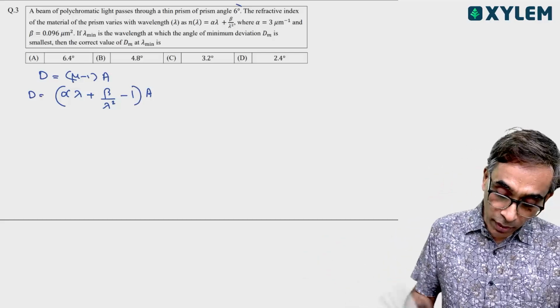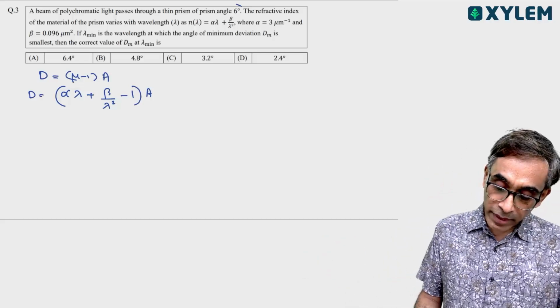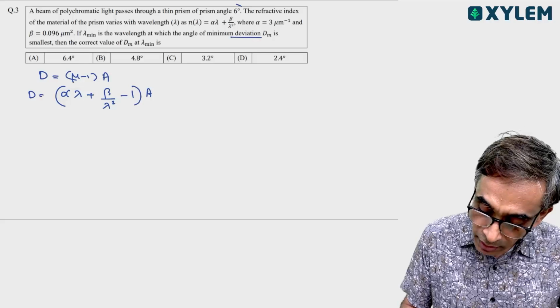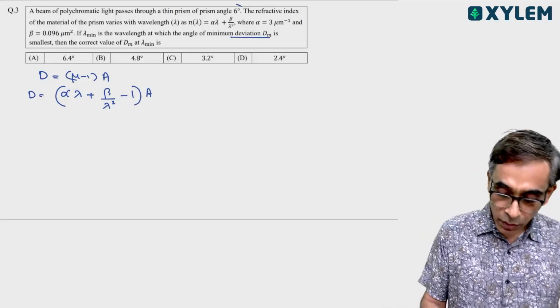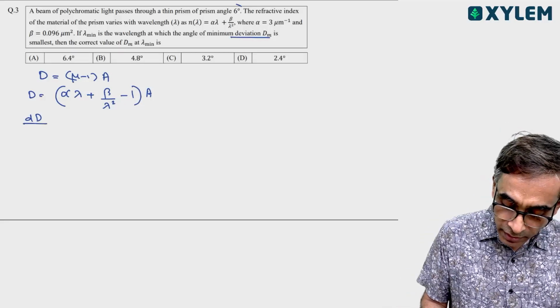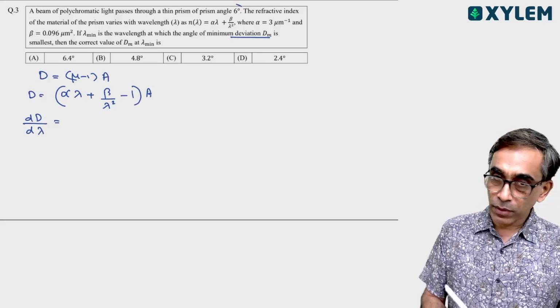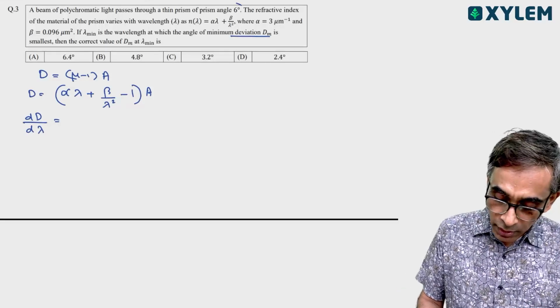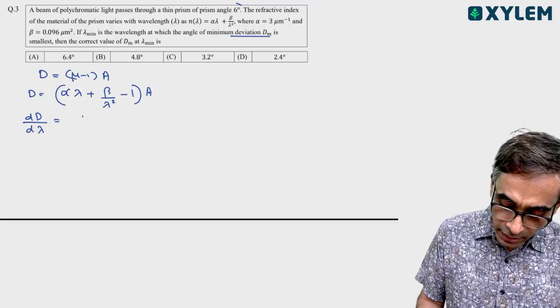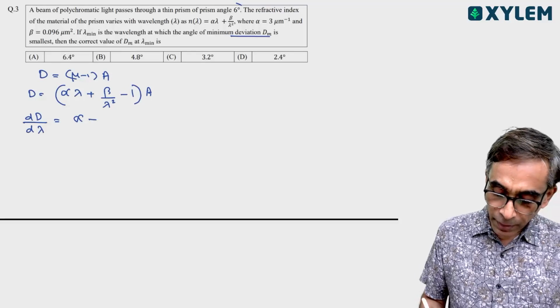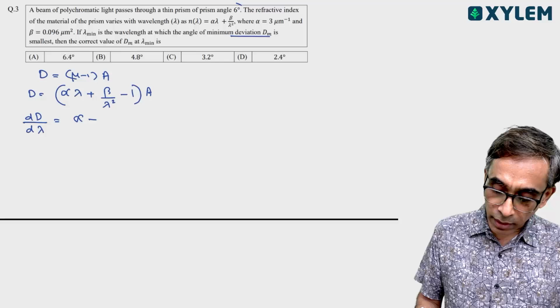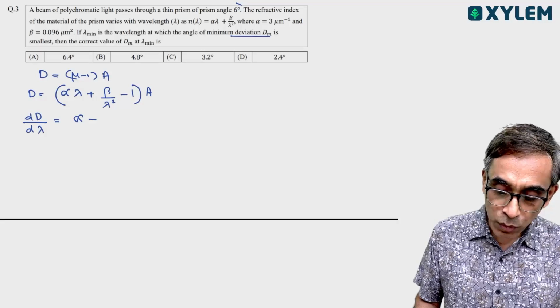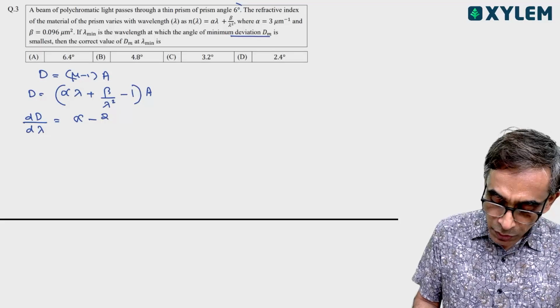Now we want the minimum deviation to be minimum. So I'm writing, wavelength is the variable, so dD divided by d lambda equal to 0 is the condition for minimum. Differentiating with respect to lambda, alpha stays, and beta by lambda square will give you minus 2 beta by lambda cube.